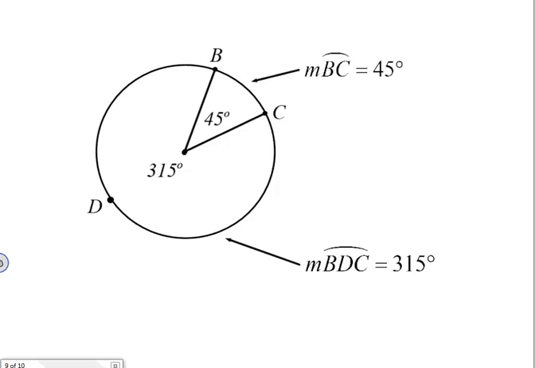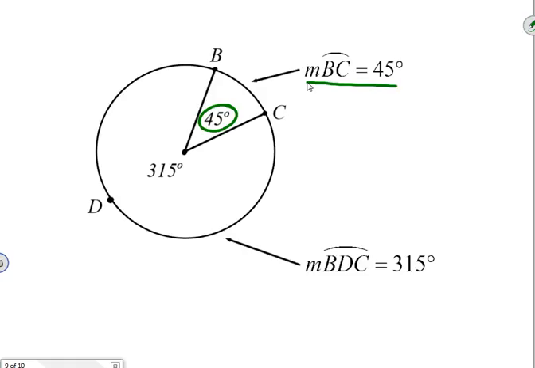So in this diagram, we have a circle. We actually don't have the center of that circle named. If we wanted to name that circle, we would have to name the center. We have minor arc BC. And it says up here that minor arc BC is measured at 45 degrees. And the reason we know that is because the corresponding central angle to minor arc BC has a measure of 45 degrees.